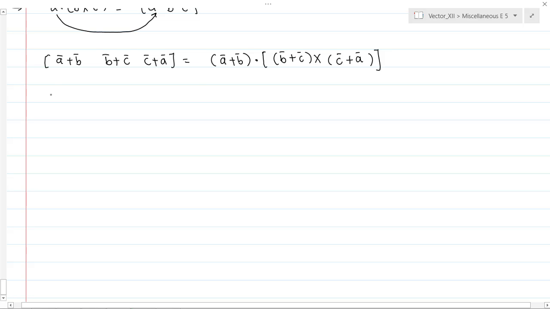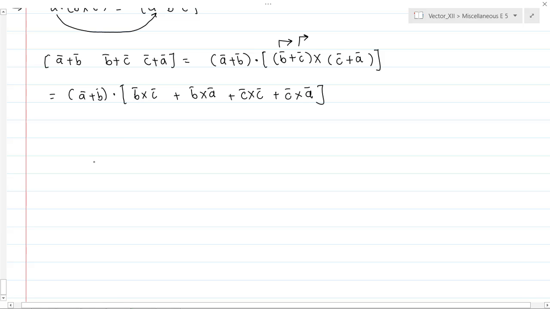First solve the bracket, the bottommost rule is applicable. So it is a bar plus b bar dot, now multiply the second bracket with b bar, so b bar cross c bar plus b bar cross a bar, do not change the order, plus c bar cross c bar, next multiplying with c bar, plus c bar cross a bar.